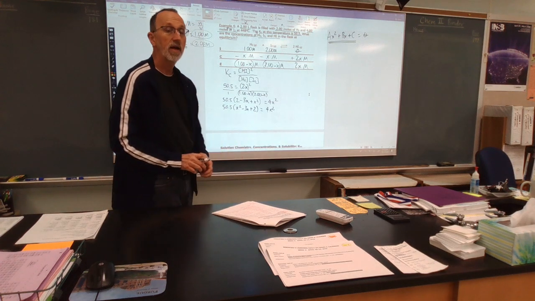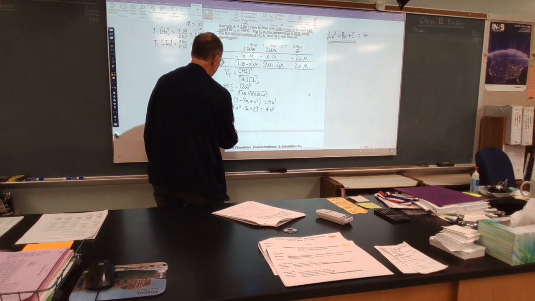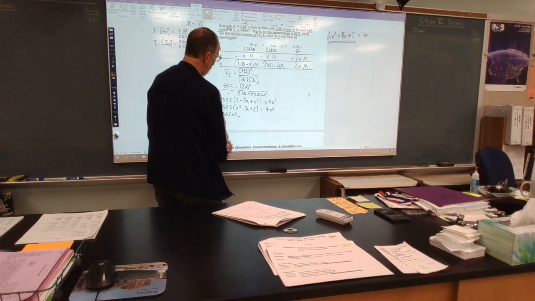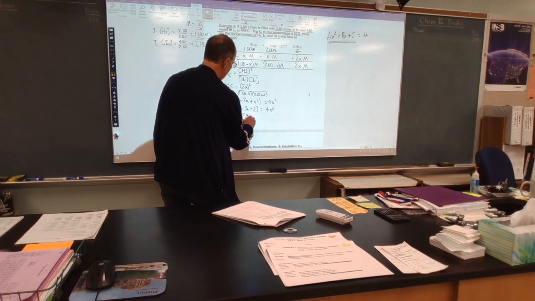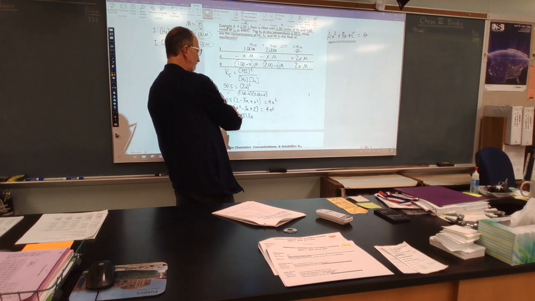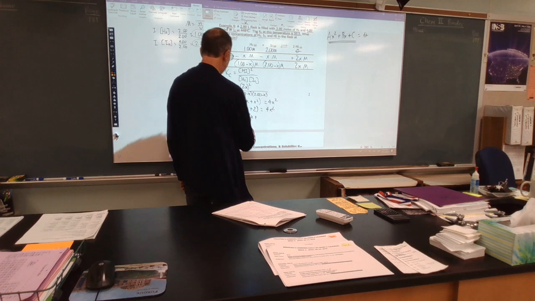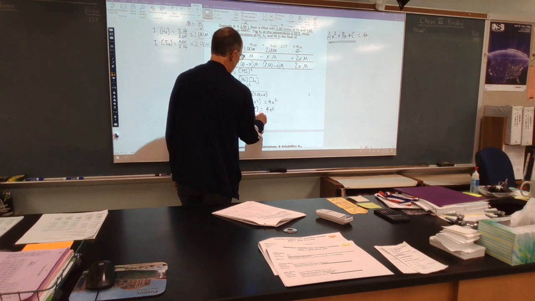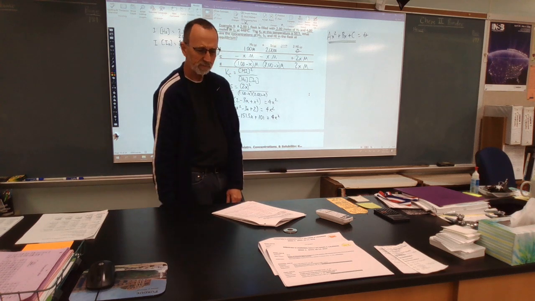Now I'm going to distribute the 50.5. So we have 50.5 x squared minus 151.5x, distributing the 50.5 all the way through, plus 50.5 times 2, which is 101, equals 4x squared.